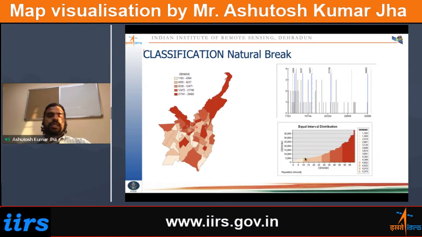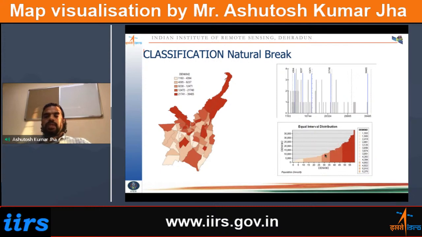In those cases, we can look at a histogram and natural break classification techniques, which create the class intervals in such a way that in each of the categories, or bins, the data values fall almost in the same group.